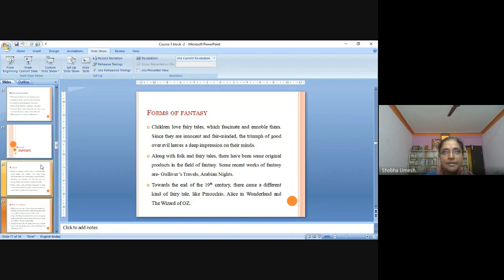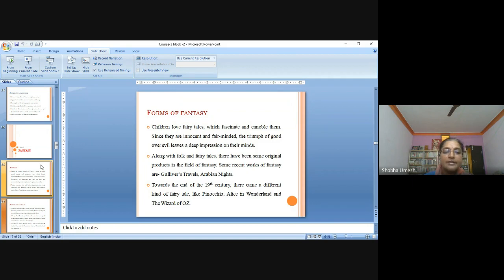Some of the fantasy stories written for children, though Gulliver's Travels was not written for children, were abridged and converted for children to read. That is Gulliver's Travels, and you might also have heard about Arabian Nights. All these stories talk about folk and fairy tales, which are associated with the original products of the field of fantasy.